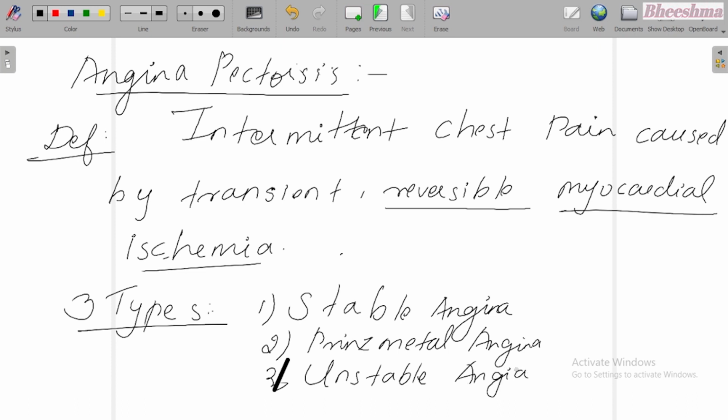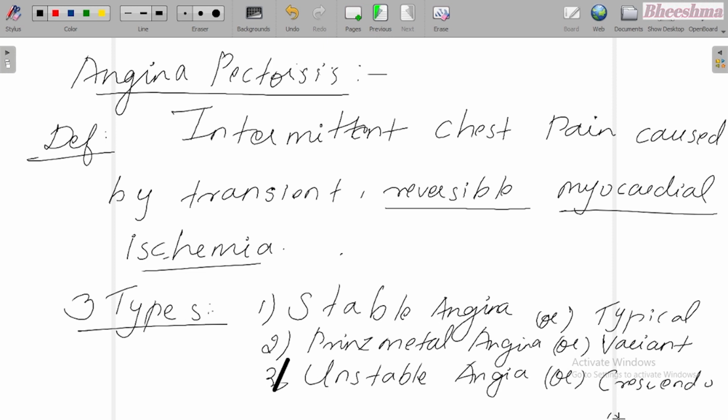These are the three types of angina. Stable angina is also called typical angina, Prinzmetal angina is also called variant angina, and unstable angina is also called crescendo angina. First of all, we'll discuss these three subtopics.